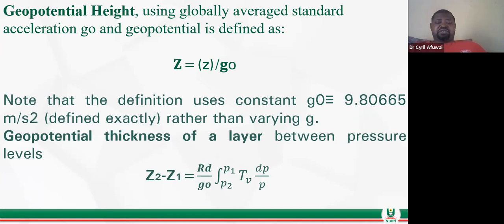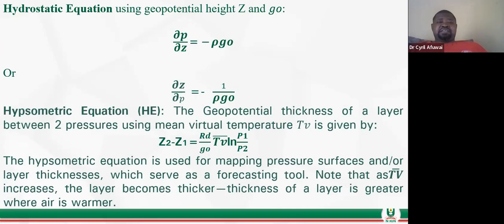The virtual temperature, TV, dP over P. Please note this equation. Geopotential thickness of the layer in pressure levels. Also take note of it. Now, hydrostatic equation. Hydrostatic equation using geopotential height Z and the local gravity G naught is given by del P over del Z equals minus rho G naught.